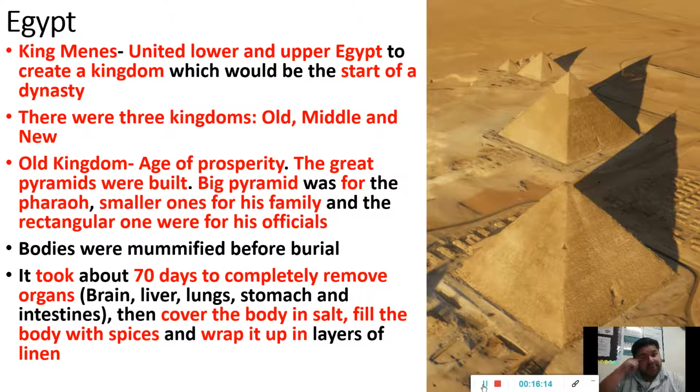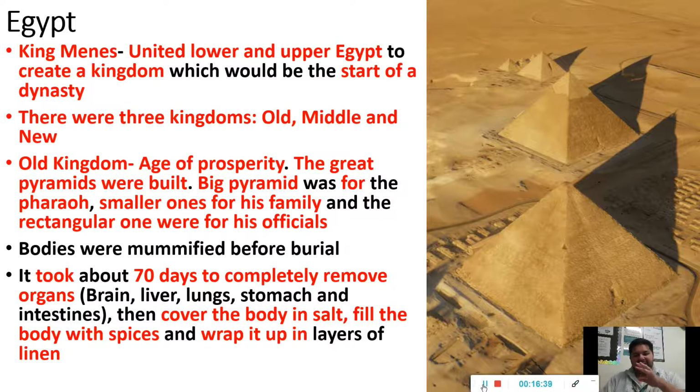Now the bodies were mummified before burial. It's not like they just get the cloth and wrap them up. They would take out the organs, and there were special tools they would use. One of the weirdest was the one to get the brain. They would crack it through the nose and then basically start pulling. It's actually interesting.